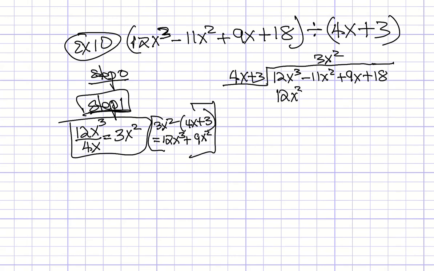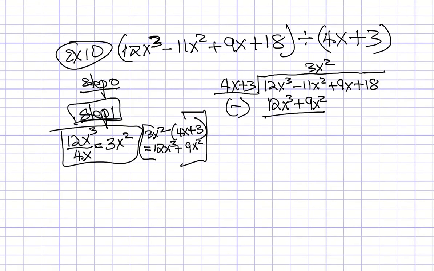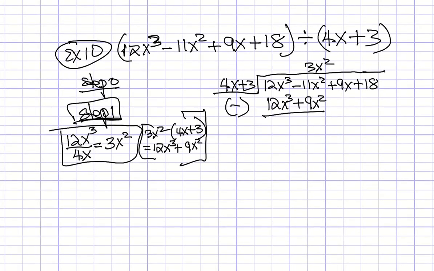12x raised to the power 3 plus 9x raised to the power 2, and you subtract. Okay, I want to make sure I didn't mess up somewhere. 12x raised to the power 3, 9x raised to the power 2. Yes, you subtract that. Normally the first one cancels out. The second one, you have negative 9x squared.